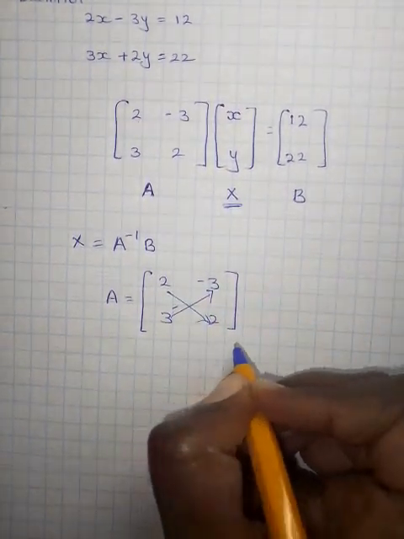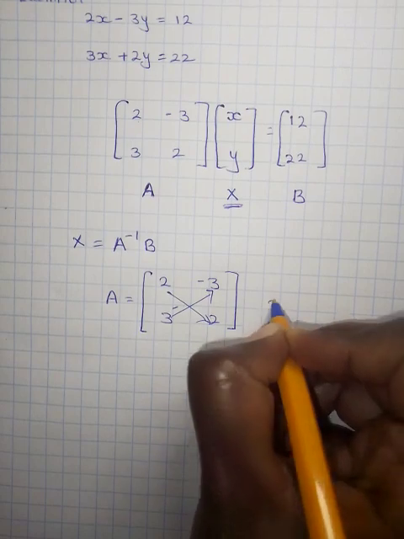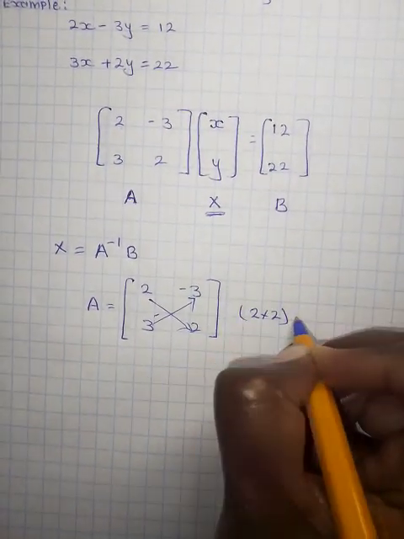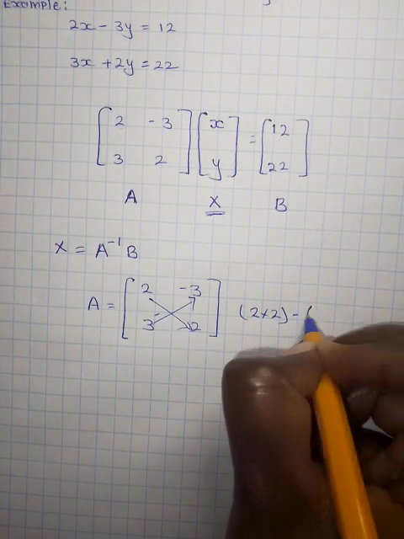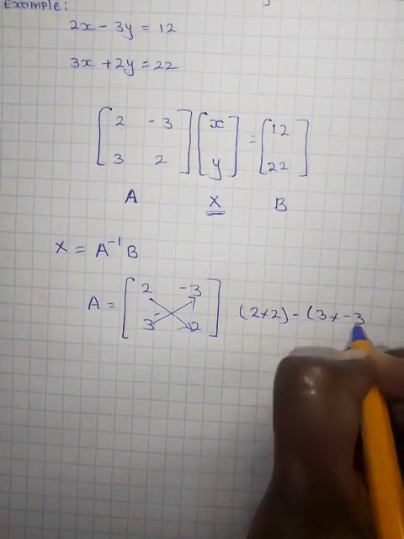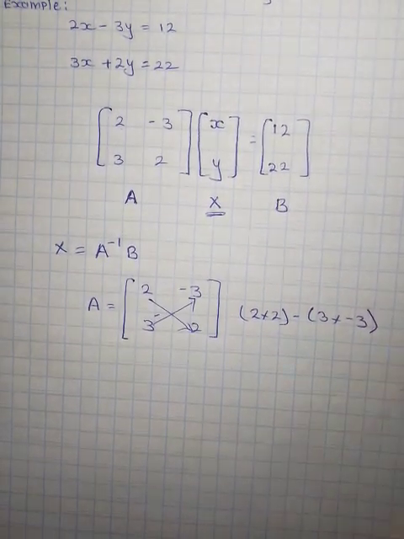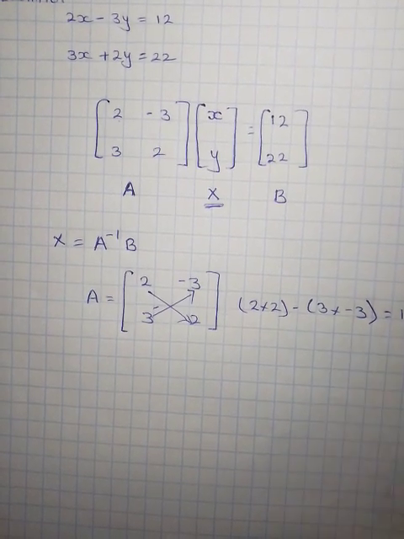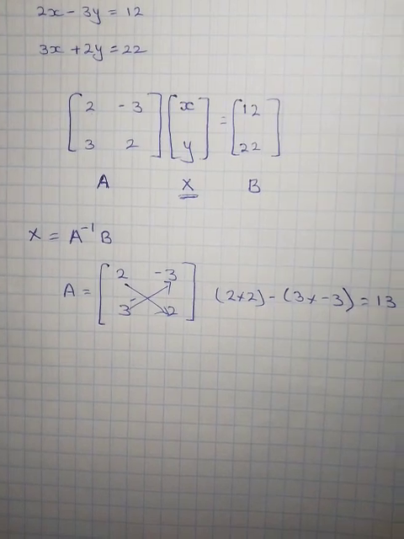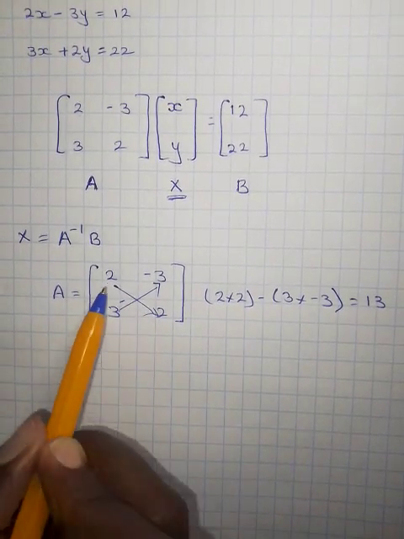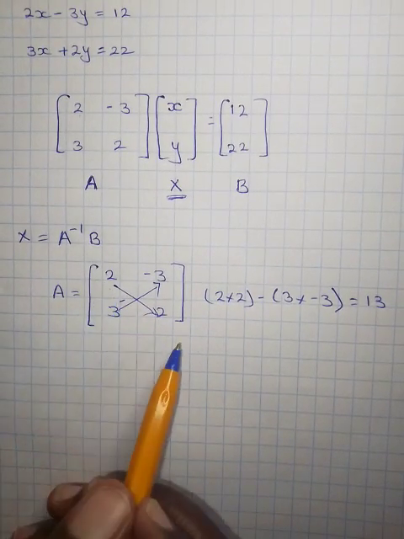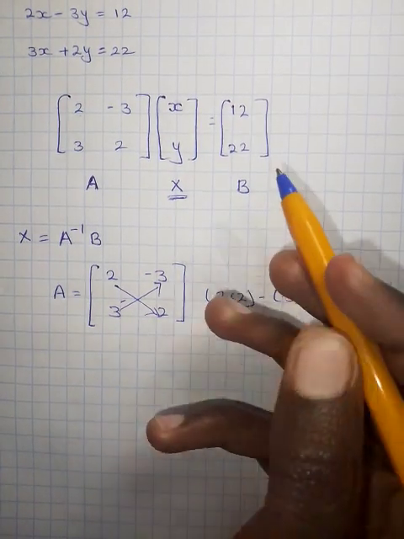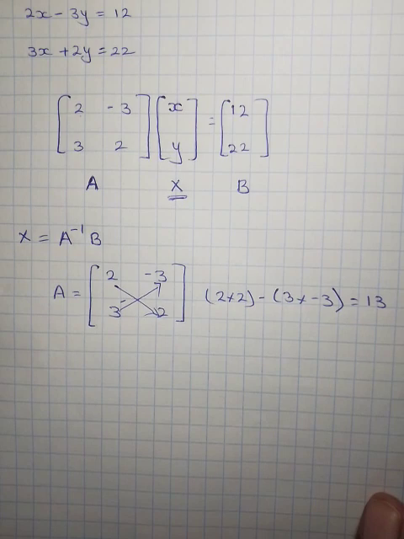So it's 2 times 2 minus 3 times negative 3, which will give us 13. You just multiply the top left bottom right diagonal, and you minus the bottom left top right diagonal.